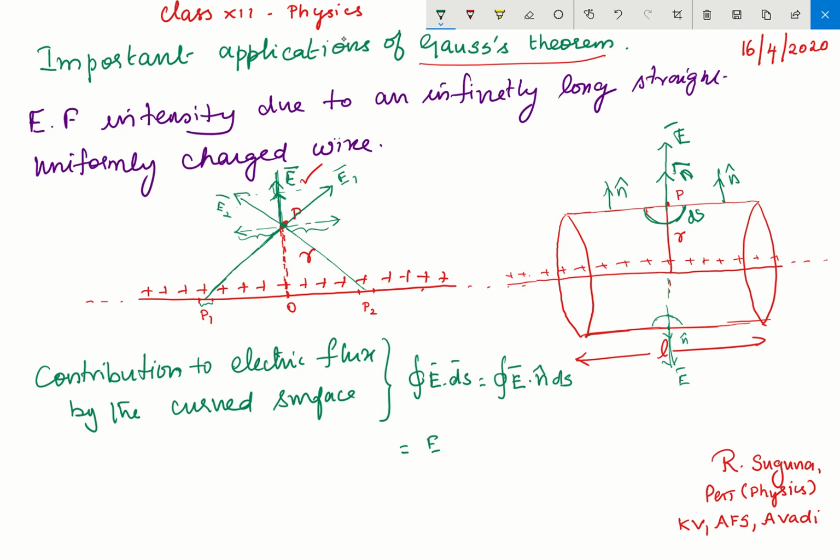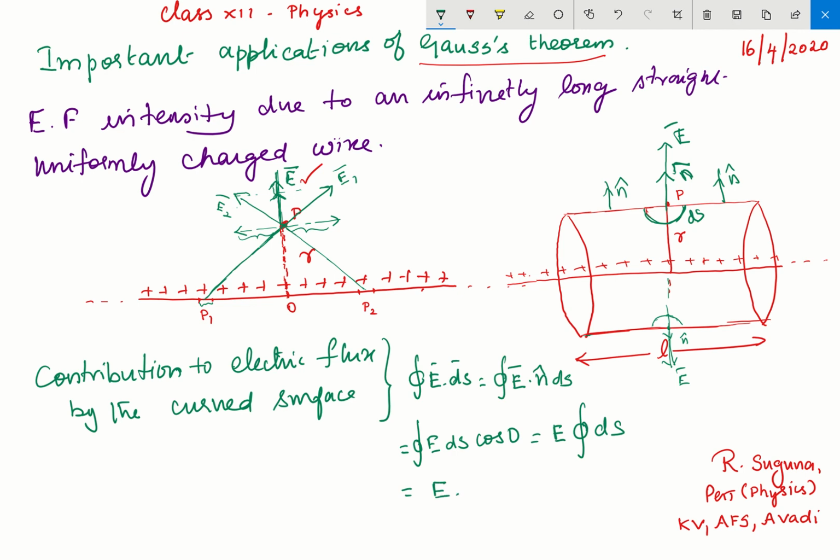Therefore, you can write E ds. E and n are in the same direction means cos 0, and cos 0 is equal to 1. Therefore, I can write it is E ds. That is nothing but E into ds.